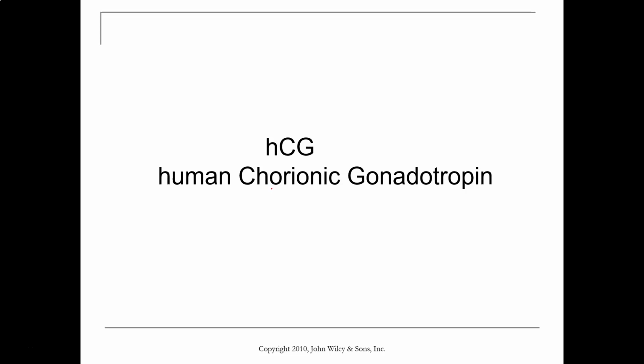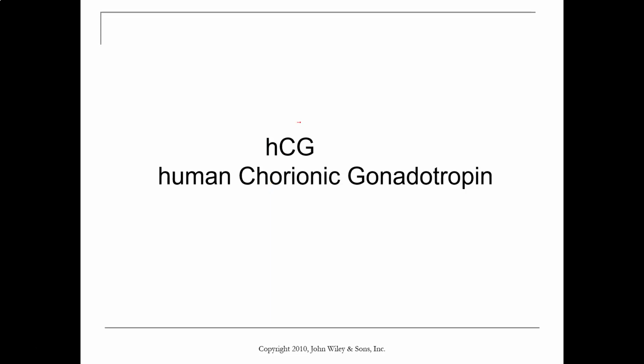This hormone acts similarly to LH. It keeps the corpus luteum going in the ovary for a few more weeks until the placenta is formed. So you need to keep the corpus luteum alive in the ovary because that's what's making the progesterone and the estrogen, and that's what's maintaining the secretory phase in the uterus.